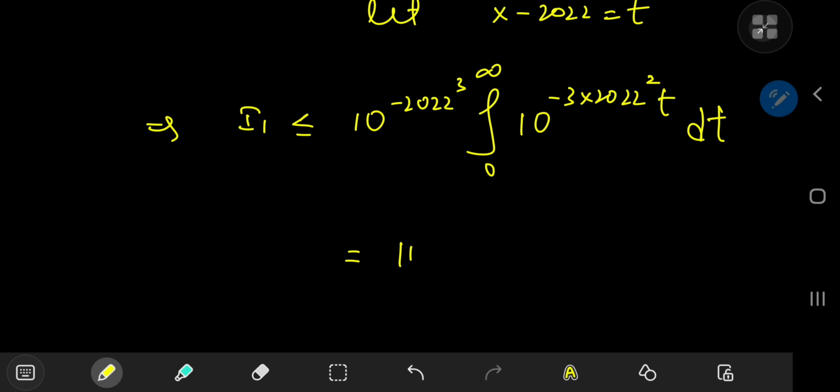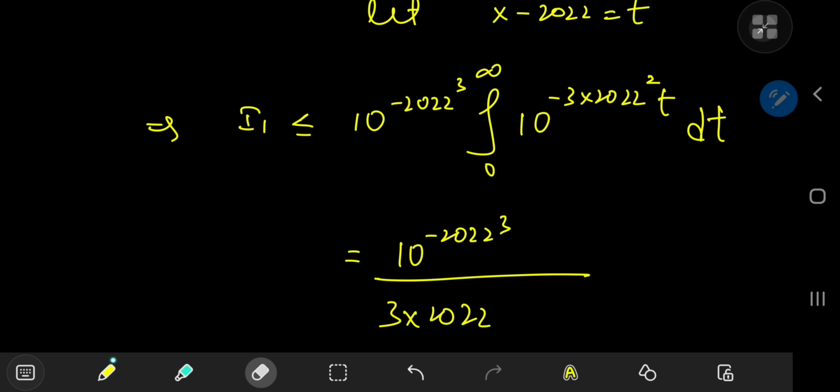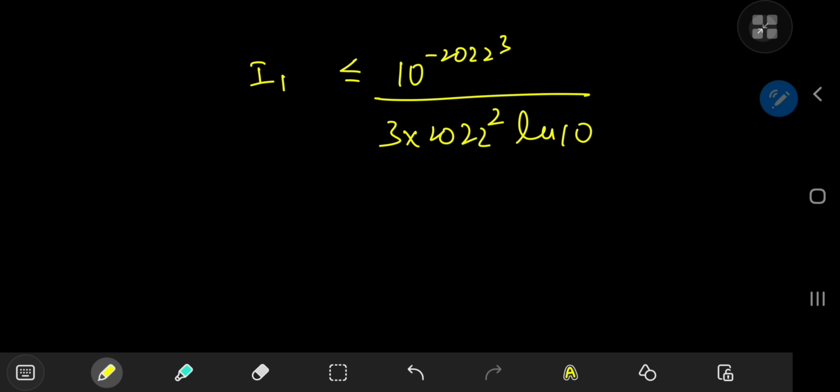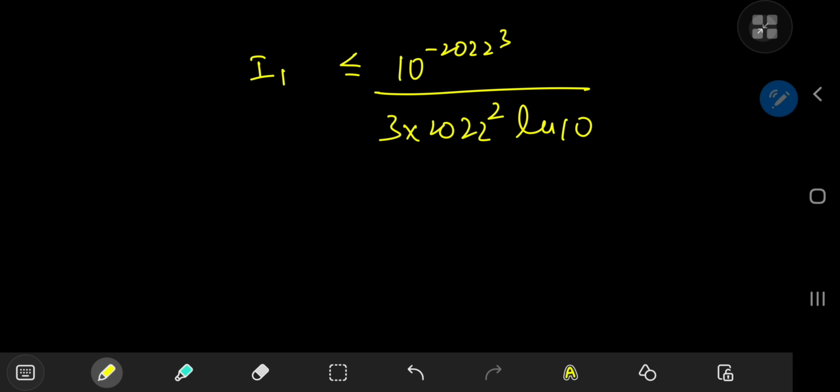You're just going to be left with 10 to the negative 2022 cubed divided by 3 times 2022 squared, terribly sorry about that, times log 10. Alrighty then, so that's an upper bound for I sub 1, and now all we need is a lower bound.